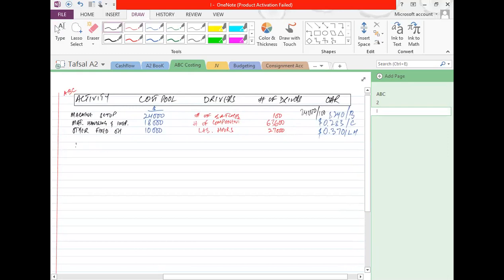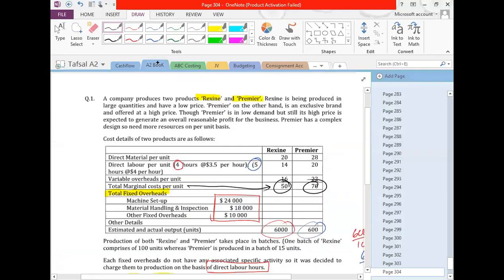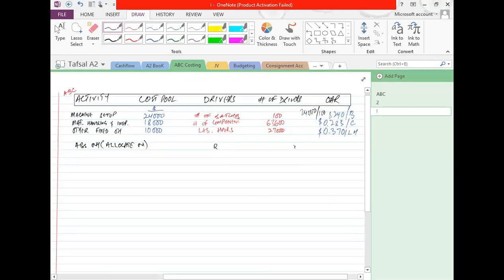The next step is to absorb or allocate the overheads between Rexine and Premier.